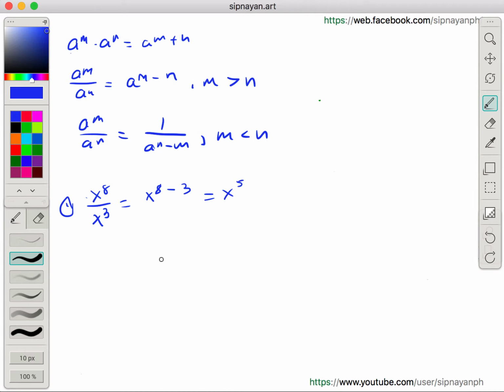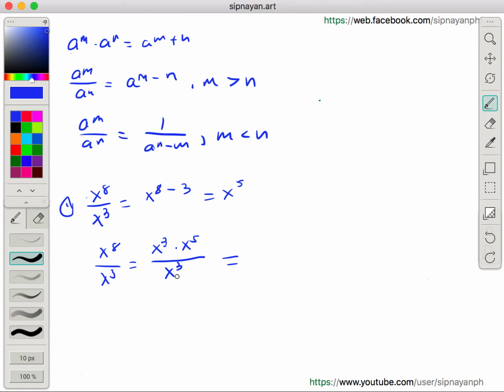Well, pwede nyo ring gawin to. Ang x to the 8 by the first law is equal to x cubed times x to the 5th. Paparisan nyo yung nasa baba para pwede kayo mag-cancel, divided by x cubed. So x cubed times x to the 5th is equal to x to the 8 by this law.